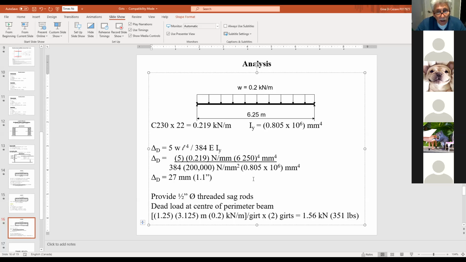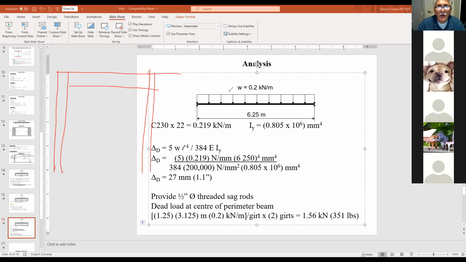Now, let me make you understand here. So here's my column, and here's my column. This is the perimeter beam that we have on top of the column. I should have drawn it properly, so hold on.